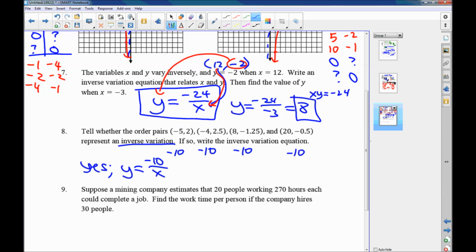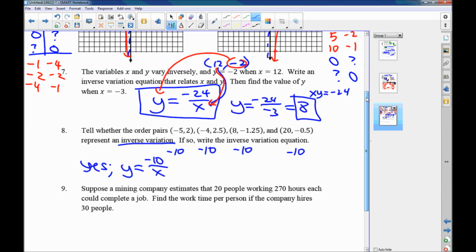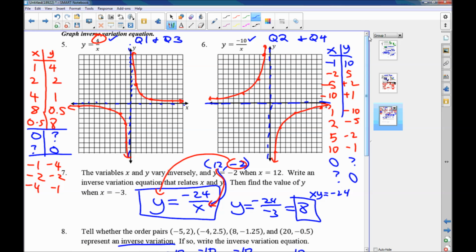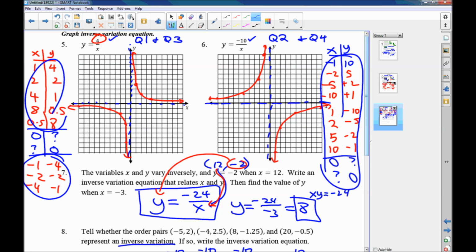All right. So remember, for an inverse variation problem, the x and y should always multiply to the same thing over and over again. If we look back up here, all of these pairs of x and y, except for the 0 ones on the bottom, multiply to -10. All of these pairs multiply to 4. That's what makes it inverse variation. All right.